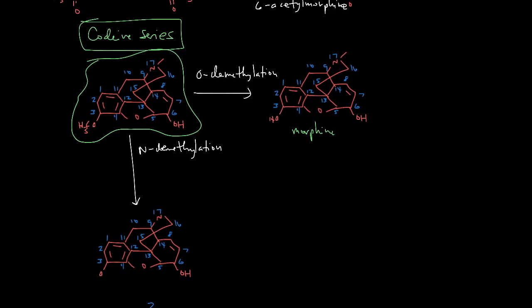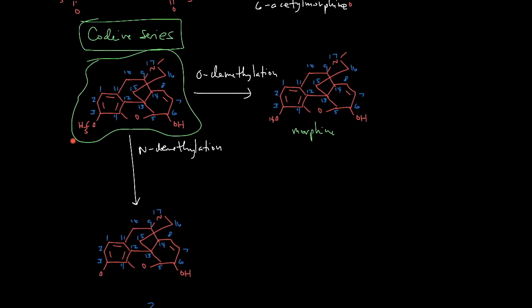Here is your metabolism route. So unlike morphine, which has 3 metabolism routes, codeine actually has 2 metabolism routes. One metabolism route is your O-demethylation, so you're going to take off the CO off codeine.